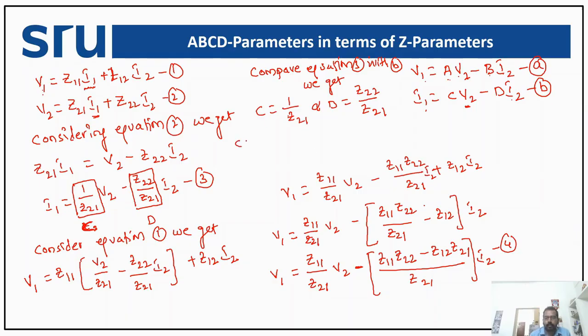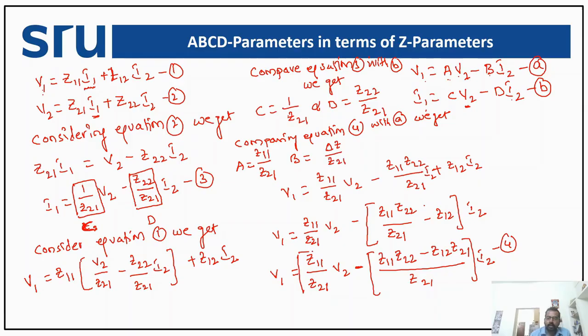If we assume this as equation 4, comparing equation 4 with A, we get A equal to Z11 by Z21 and B equal to determinant of Z matrix divided by Z21.